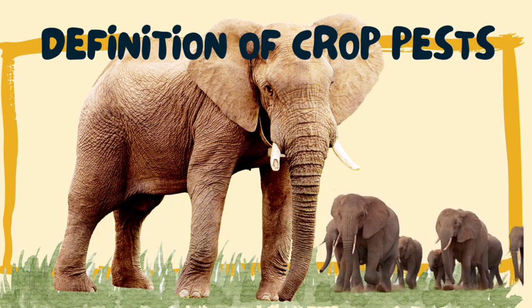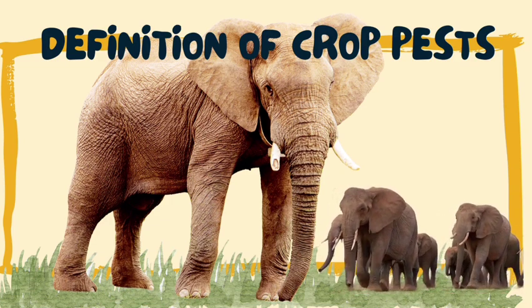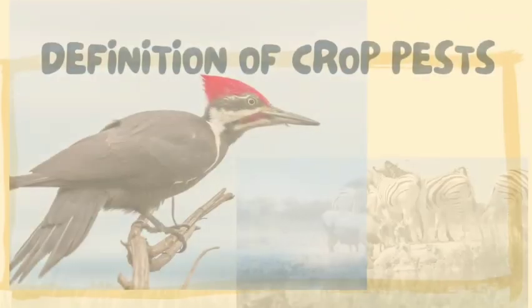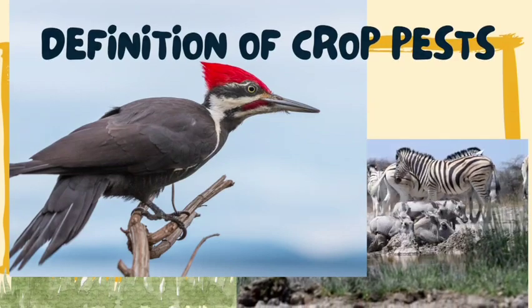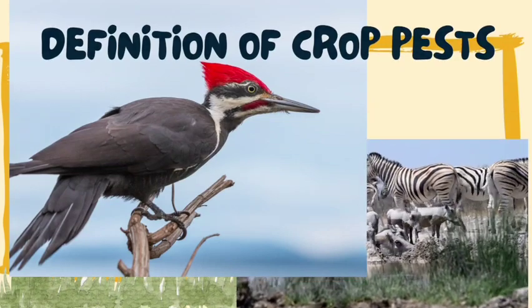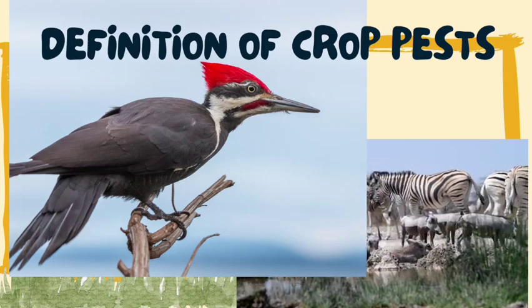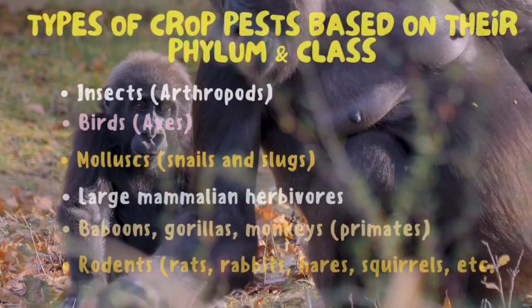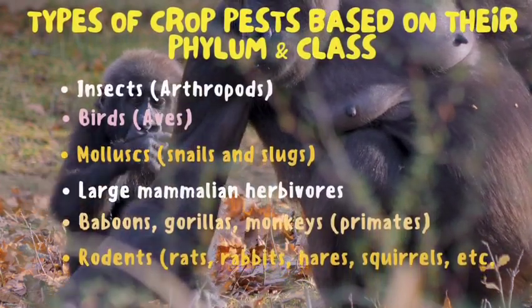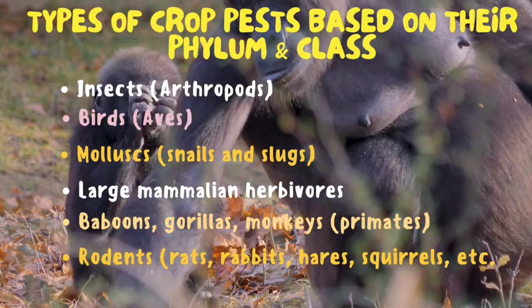Crop pests can be defined as any living organism that causes damage or destroys crops, either on the farm or in the field. Because crop pests cause reduction in the yield of farmers, it is very essential that farmers know the definition, and also know more about these crop pests so as to be able to know how to control them.